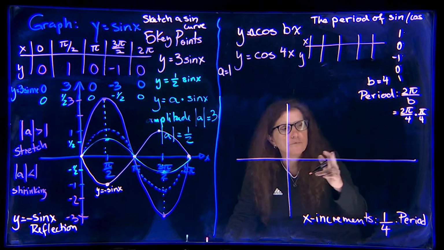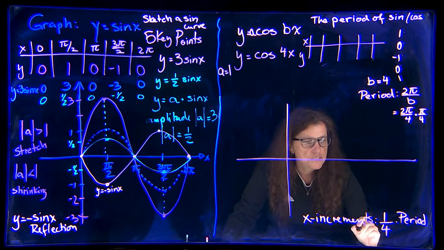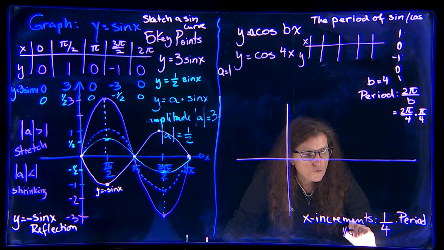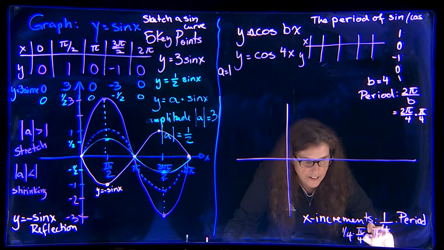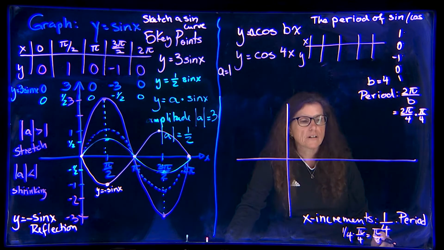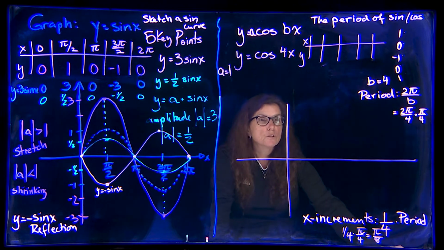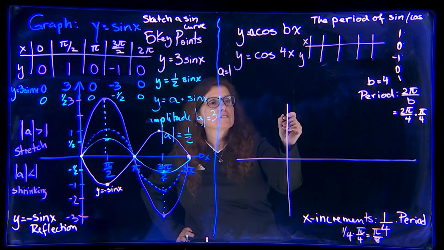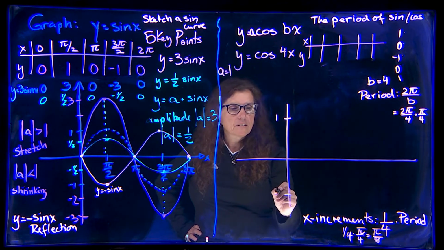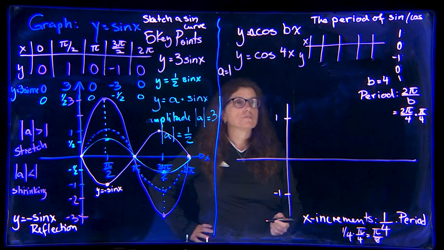And that's how we label our x-axis. So in this case, 1/4 times pi over 4 is pi over 8. So our x increments are in form of pi over 8. Our y values are still 1 and -1 because of the amplitude.